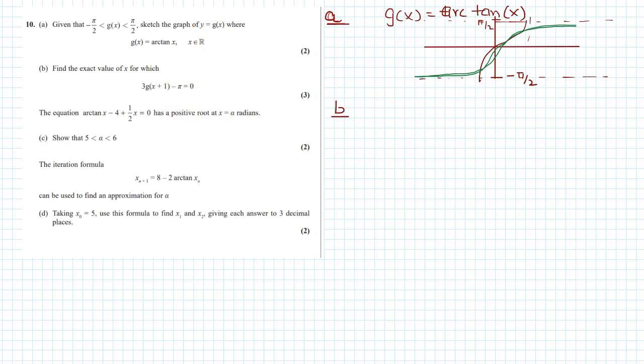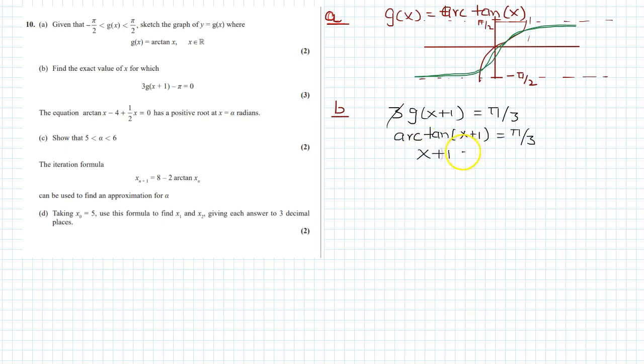Part B, find the exact value. 3 g(x) plus 1 is equal to pi. So g(x) plus 1, this is pi over 3. So g(x) is arctan x, so it will be arctan (x plus 1) is equal to pi over 3.